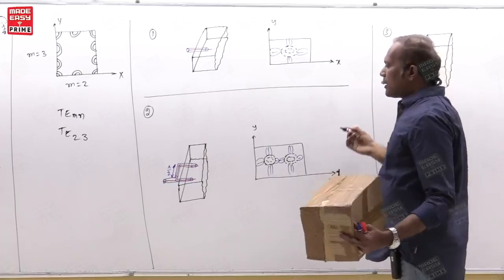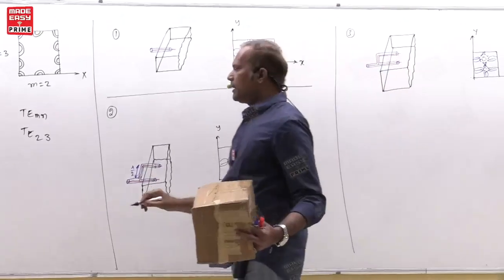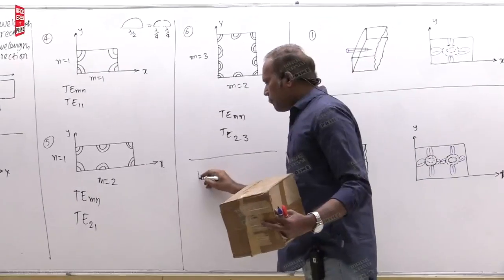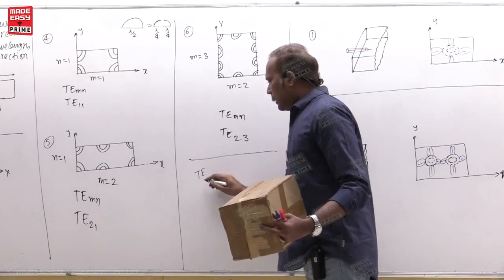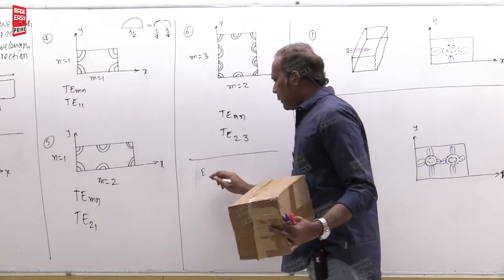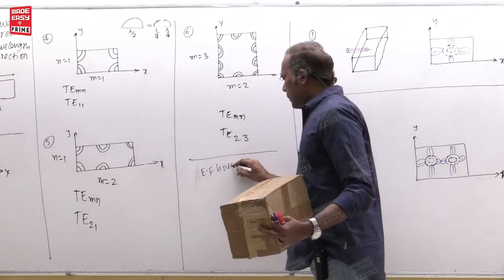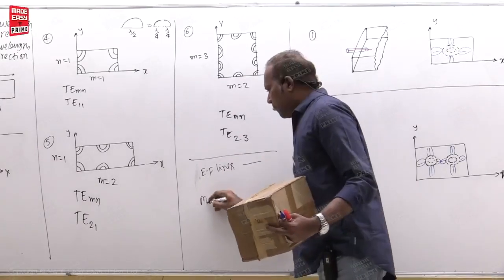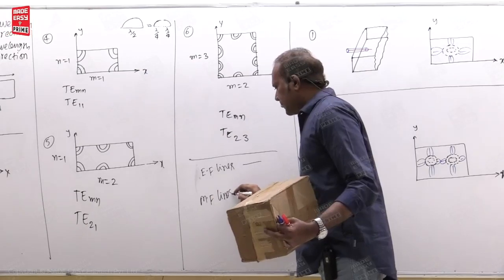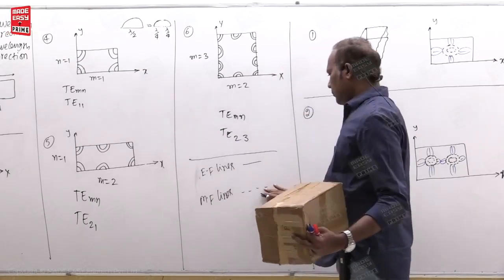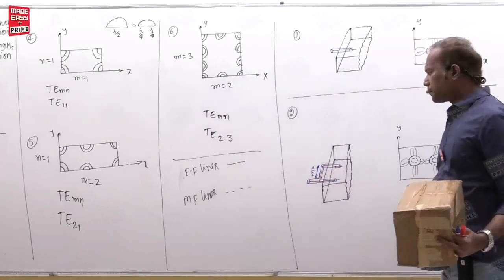So students, that's why in the textbooks they write like this: electric field lines, solid lines, magnetic field lines they show with dotted lines.